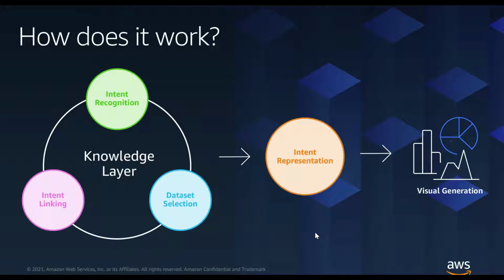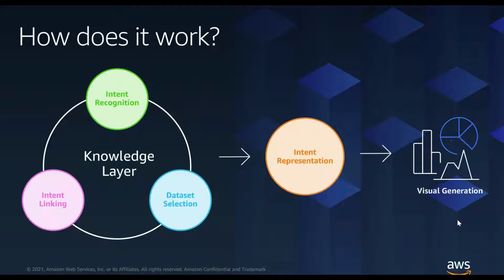So how does it all work? Let me share this. It gives you a 30,000-foot overview of what happens under the hood when a user asks the question. So in order to generate the answer, which is what you see on the far right, Q first needs to identify the intents that are captured in the question. So it needs to be able to know what data sets need to be queried, and how to link the intent that is identified in the question to the elements in the data.